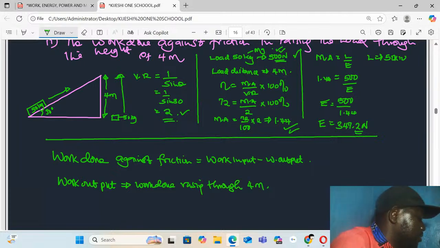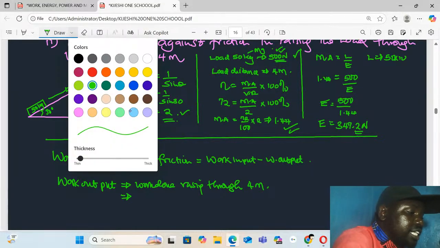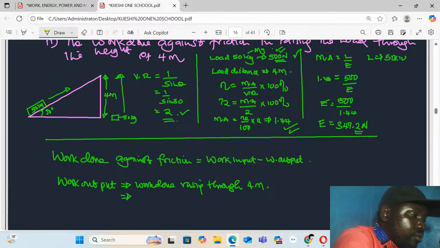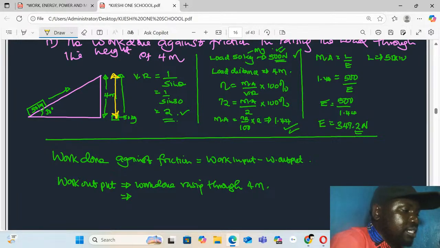That is the work output. The main agenda is just to ensure that this load comes up.